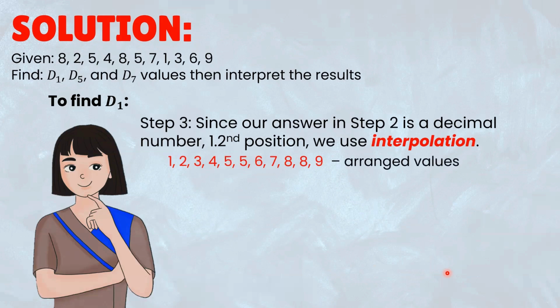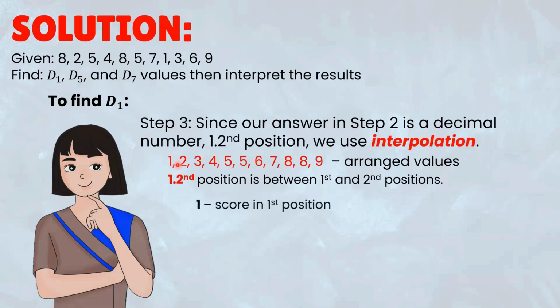Okay, so 1.2 position is in between the first and the second position. So it is here, somewhere here. The score corresponding to the first position is 1, and the score corresponding to the second position is 2.